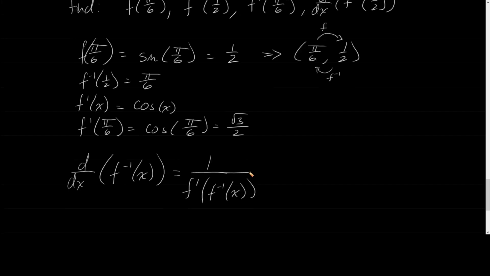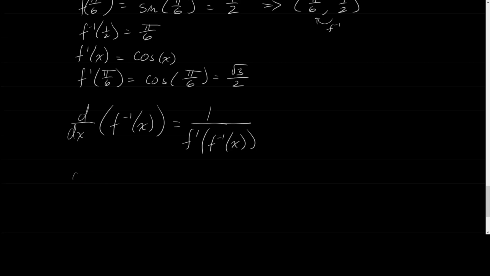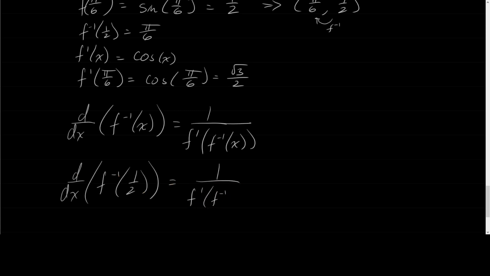So if I'm asking for the derivative with respect to x of f inverse of 1/2, that means 1 over f prime of f inverse of 1/2, which, well, f inverse of 1/2, that's pi over 6. So I have 1 over f prime of pi over 6.